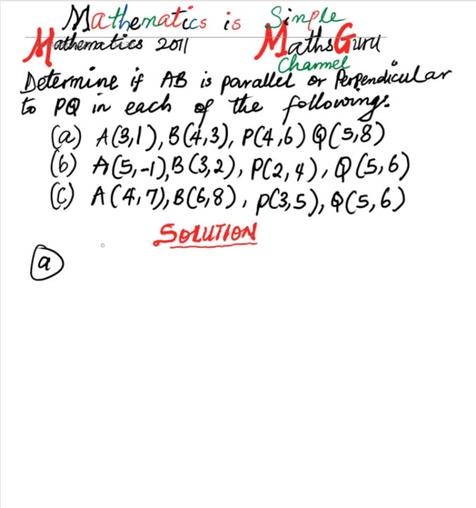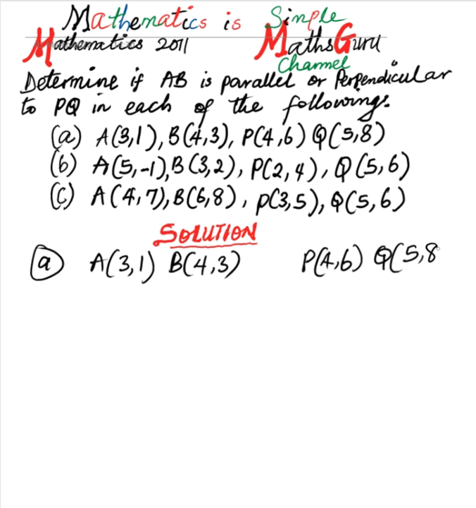We have A to be (3, 1), these are the coordinates, and B is (4, 3). Then we have P to be (4, 6) and Q to be (5, 8). Now we have stated the coordinates of A, B, P, and Q.